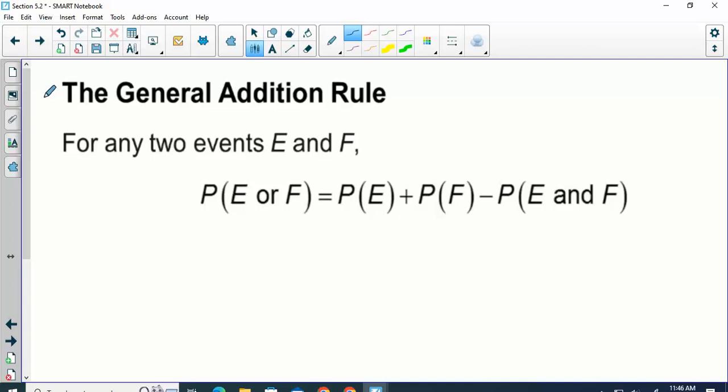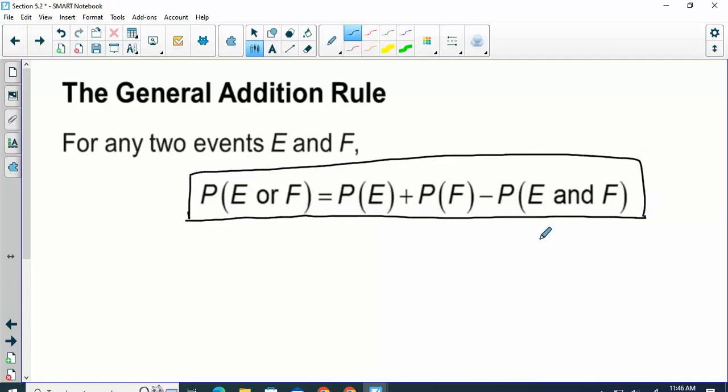But if they are not, then the rule becomes the probability of E plus the probability of F minus the probability of E and F. Remember I told you if they were disjoint, the probability of E and F is what? 0. So we could really use this rule every time. And if they're disjoint, we know that final probability is 0.